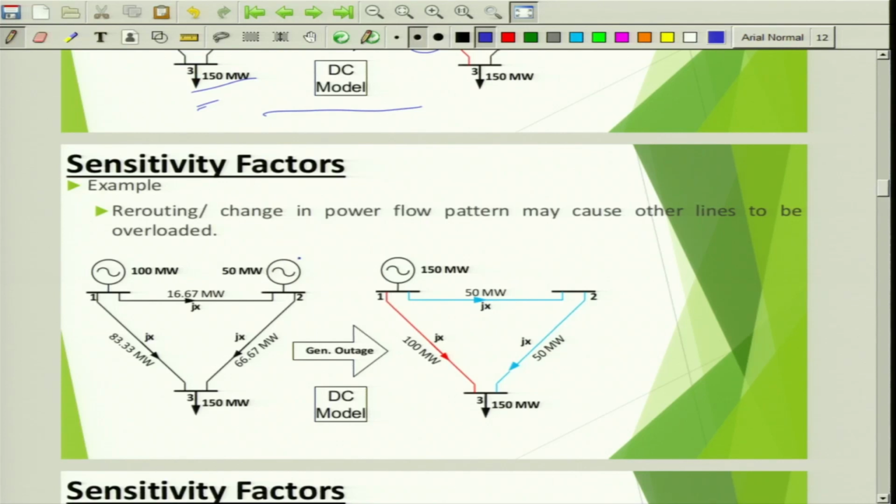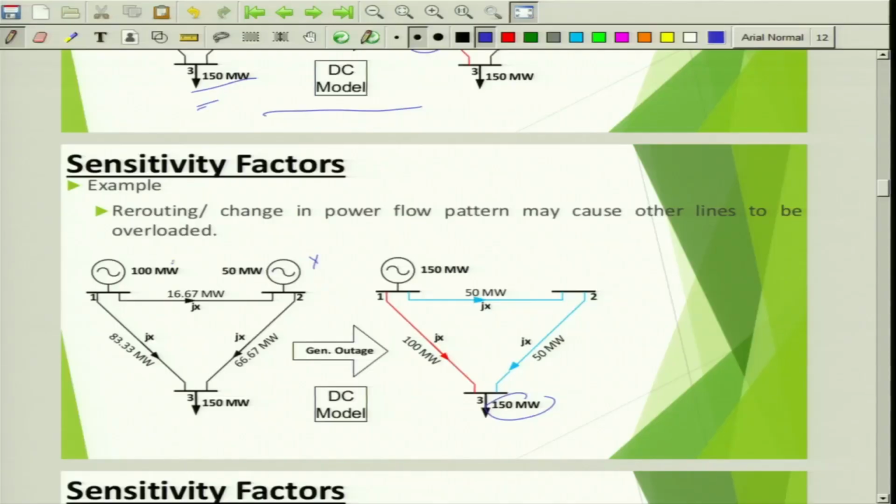Now, the generator at bus number 2 is taken out. We considered line outage in the first case, now generator outage. There is only one generator. Let us assume that generator 1 has the capacity to augment itself to meet the load. From 100 megawatt we have increased to 150 megawatt.